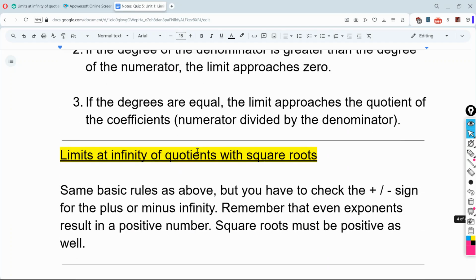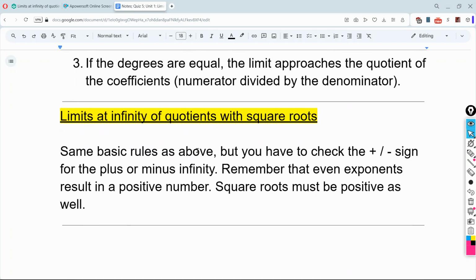The only difference here is that you have to check the plus minus sign for plus or minus infinity. You want to remember that even exponents will result in a positive number, and square roots must be positive as well. You'll see what that means more specifically on the exercise itself.